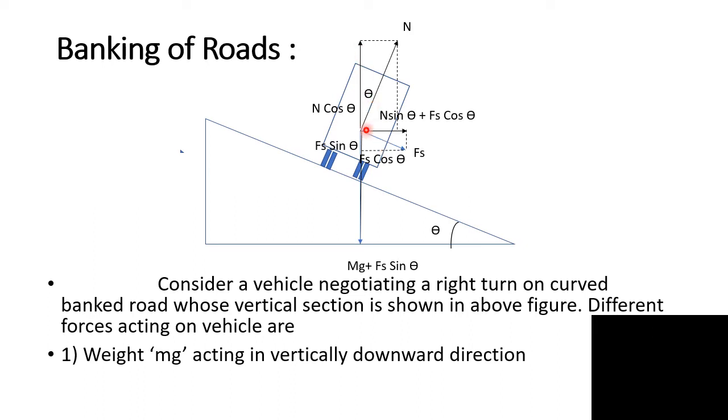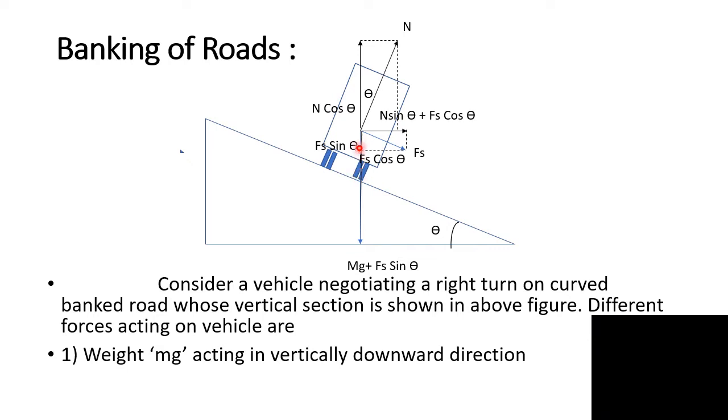The frictional force Fs is acting along the road surface in downward direction. So frictional force is also resolved into two components. First, horizontal component Fs cos theta and vertical component Fs sin theta.